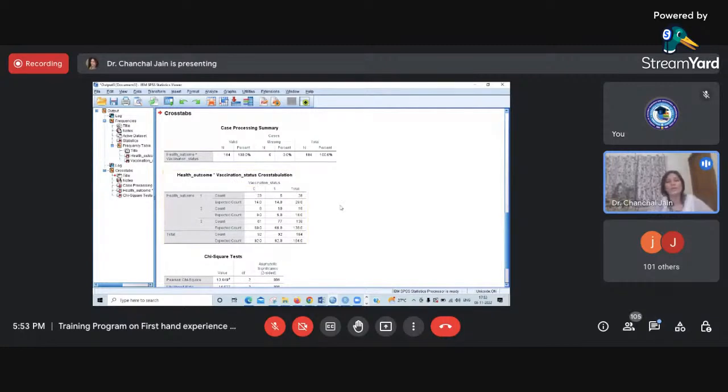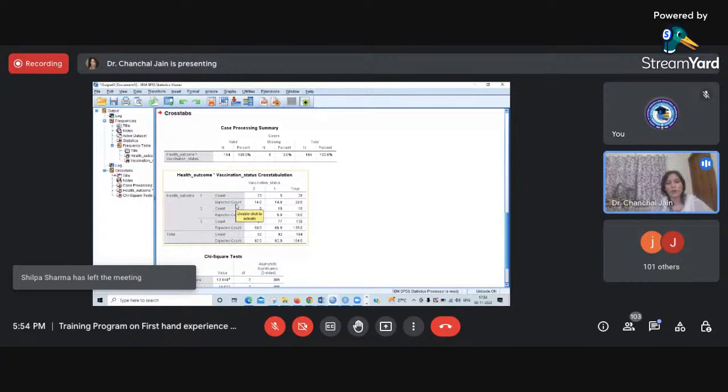Here you can find the count, where 0 is not vaccinated and 1 is vaccinated. So how many of them are not vaccinated? 23, and 1 is vaccinated under the first category. Second, you can see the expected count is calculated by SPSS.